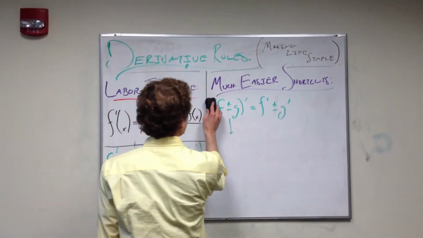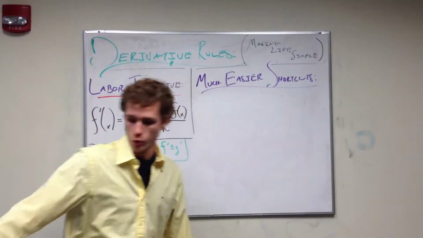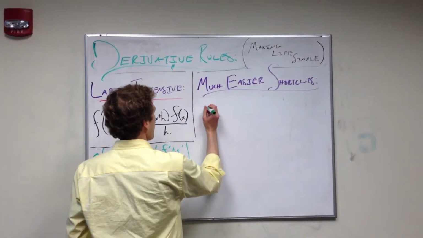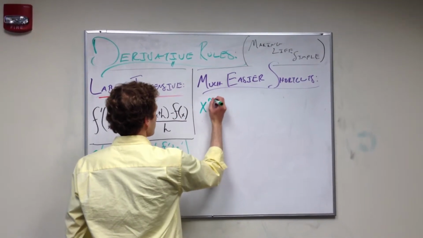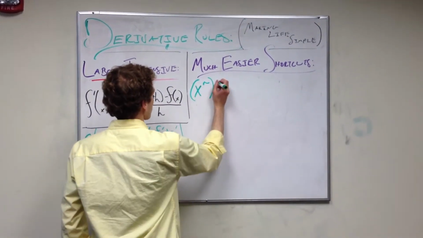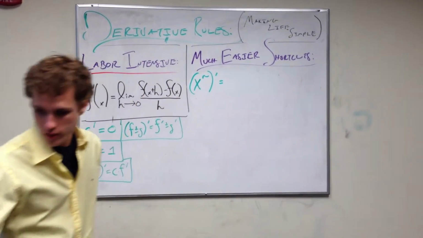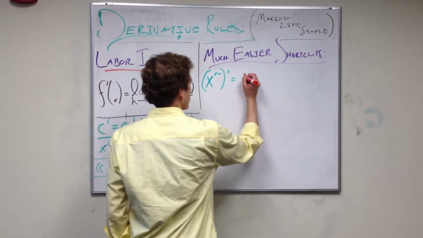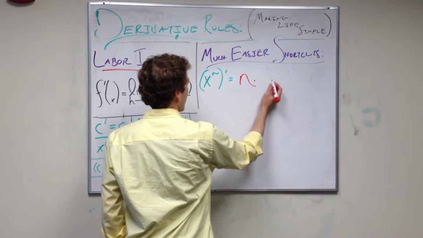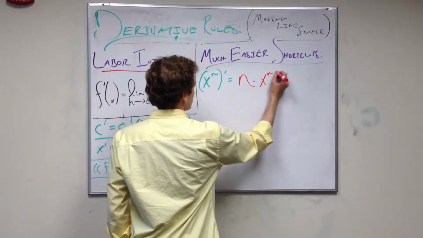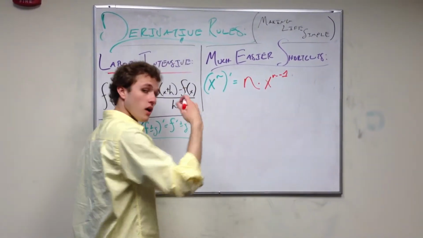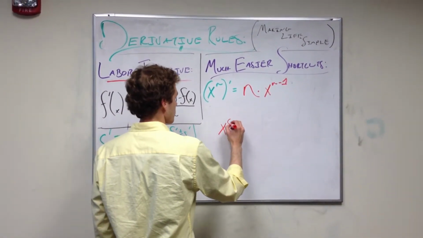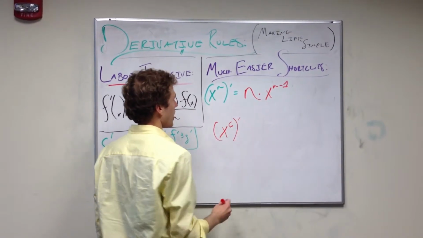All right, let's go ahead and talk about the power rule. Power rule says if we have x to the nth power and we want to take the prime of this, well, here's what we can do. Let's just pull this n down in front of the function, and we're going to get n times x to the n minus 1 power. An example of this: let's say x to the 6th prime.